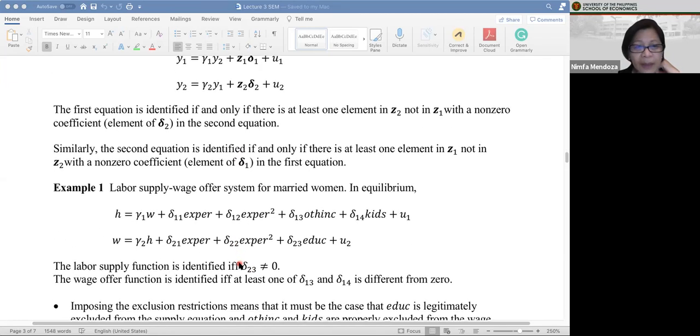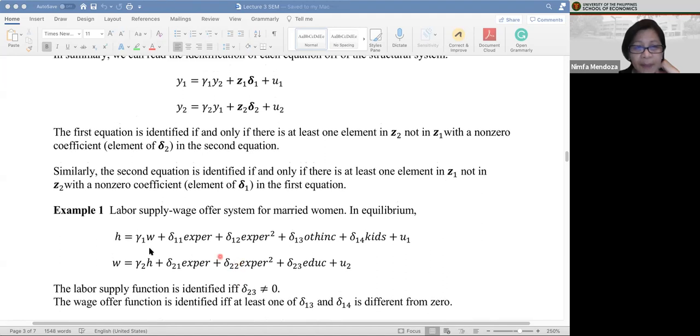Okay, let's go back to the first example. The first structural equation is the labor supply function. Note that we're just looking at the structural equations here, not the reduced form. And in this simple two equation system, we do not need to look at the reduced form.